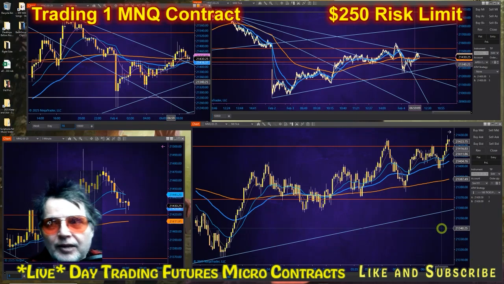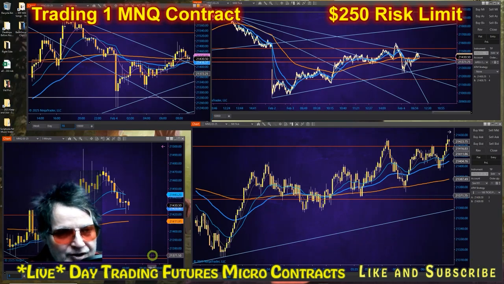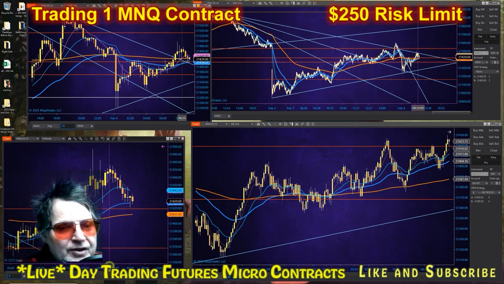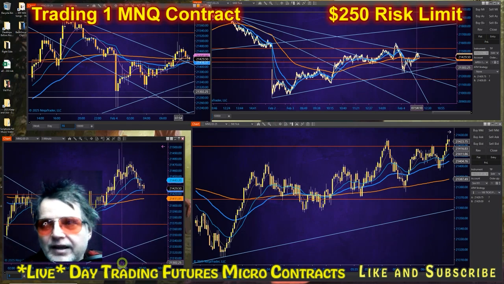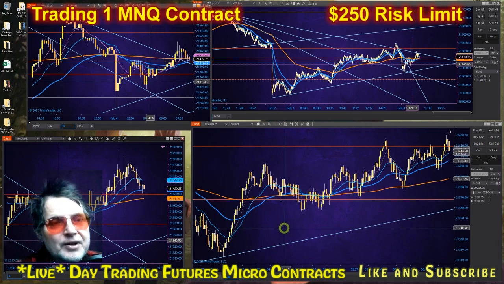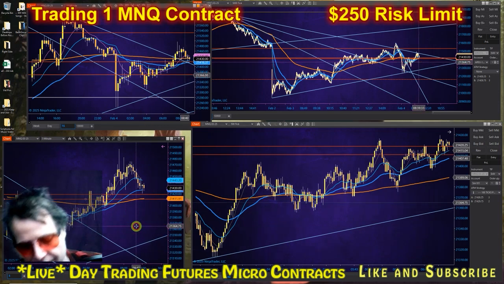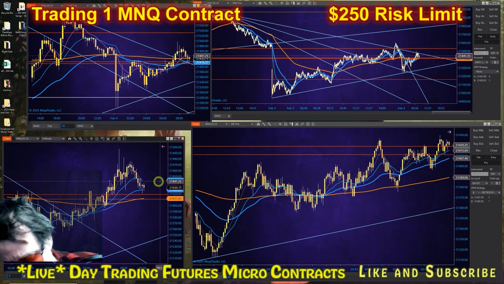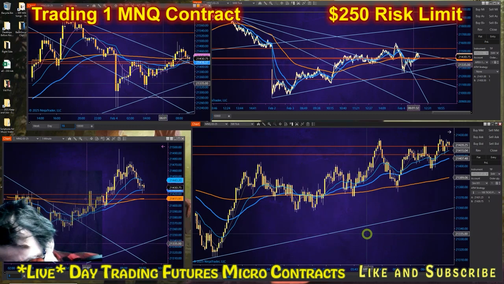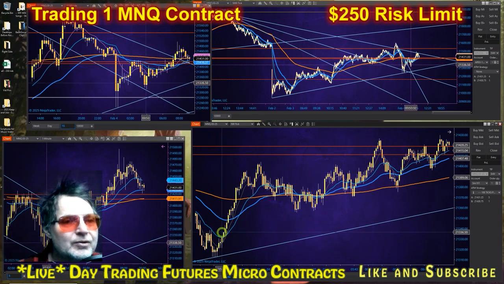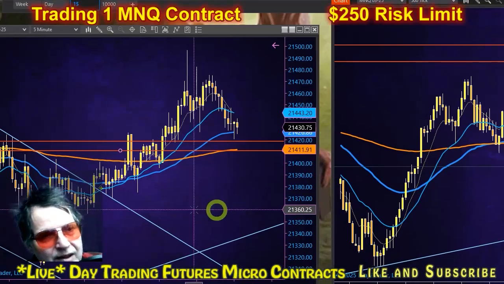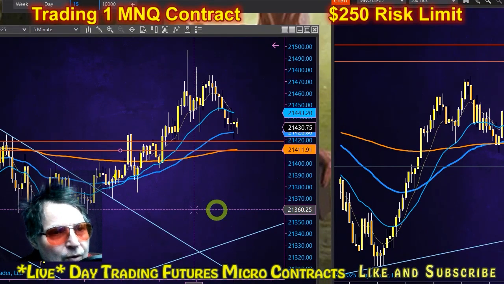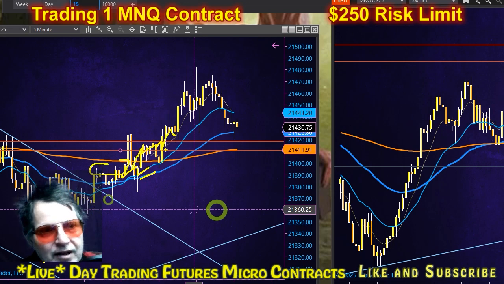The problem with developing a trading strategy is that when we look at the charts, we see things that are working and we say, that's my strategy. I really do love when the 5-minute, the 10,000 tick, and the 500 tick are all lined up, everything going in the same direction, like this right here. When everything crossed over the 8, the 20, and the 50, it started consolidating and pushing up higher on the 5-minute.